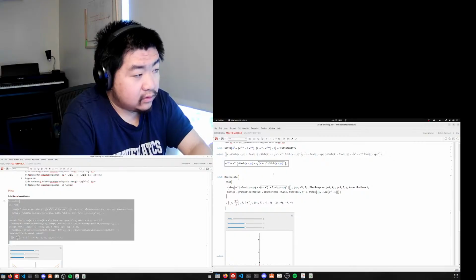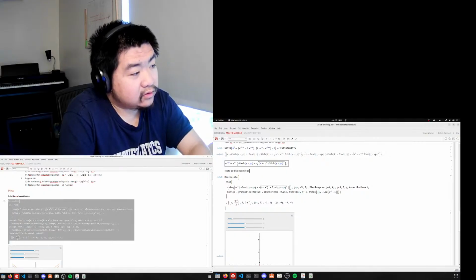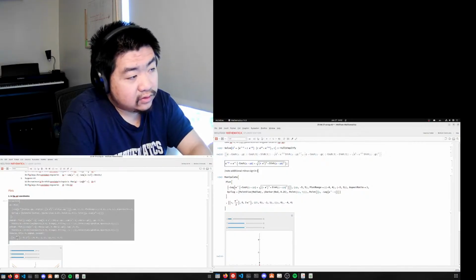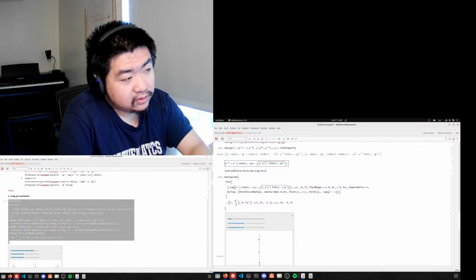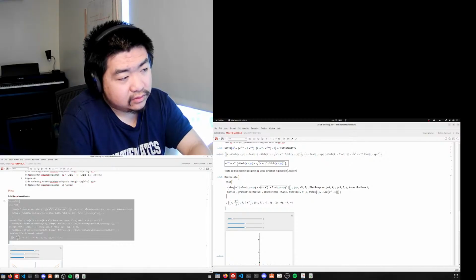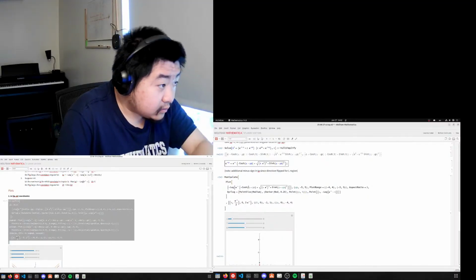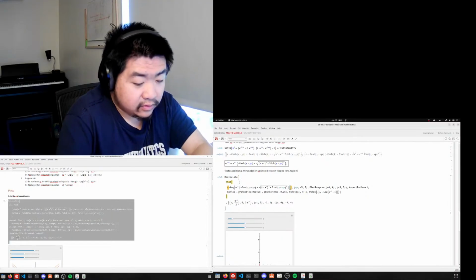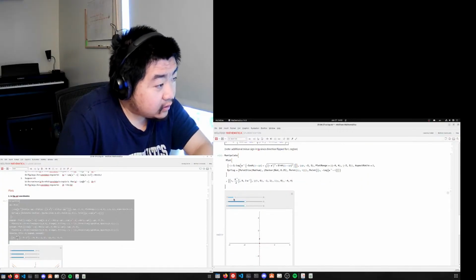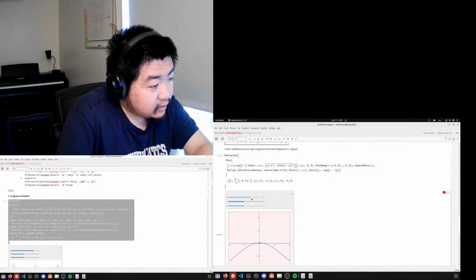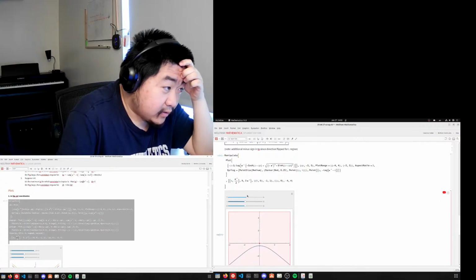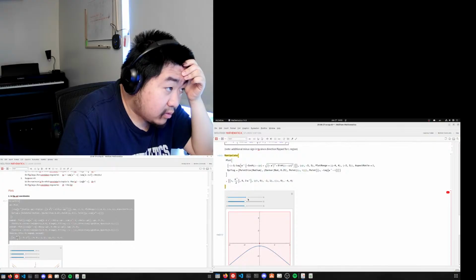Okay, so now it's additional minus since direction flips on. So let's just put this. And now this is the singular locus. Why is this a problem?